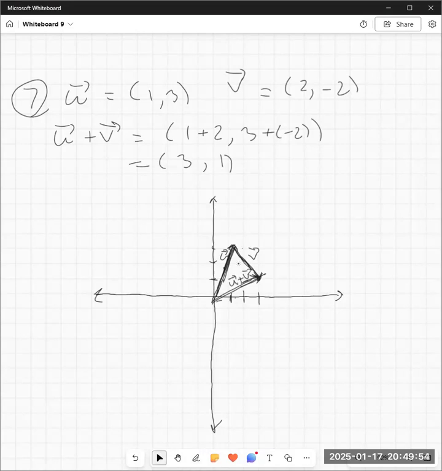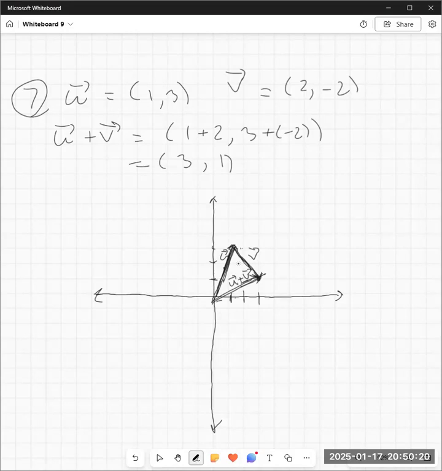And that's how I do addition of vectors with my head to tail method, or you can do your parallelogram method if you want to stick the two vectors such that they make a parallelogram here.